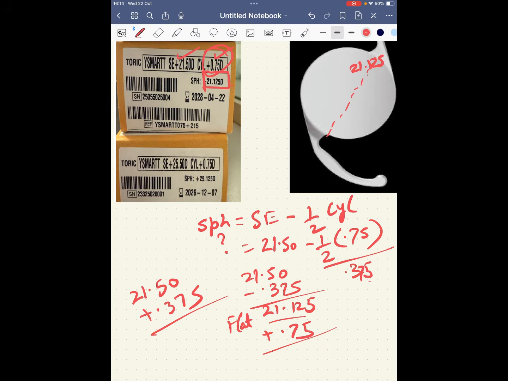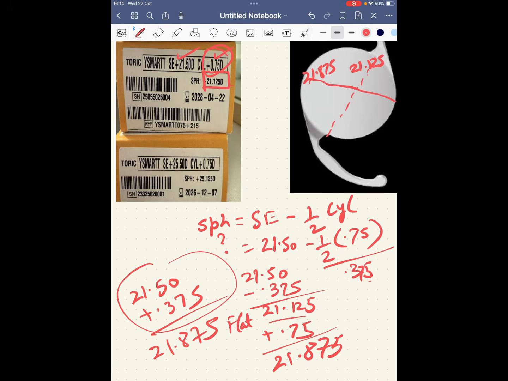Either way, you will get the power of the steep meridian here. 21.125 plus 0.75 diopters is 21.875. You will also get the same value over here. For example, 21.50 plus half of the cylinder, which is 0.375, is also 21.875. So 21.875 will be the power in the steep meridian here.